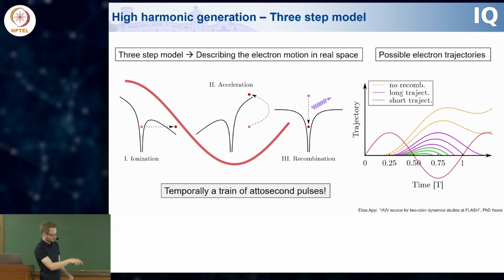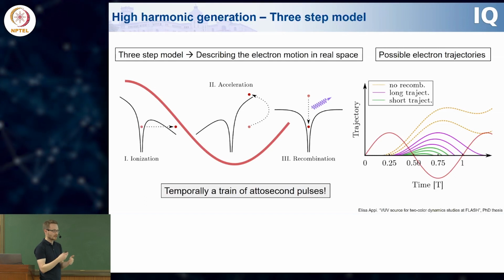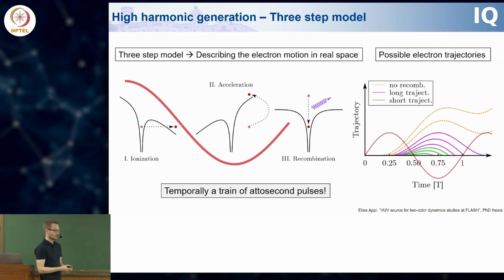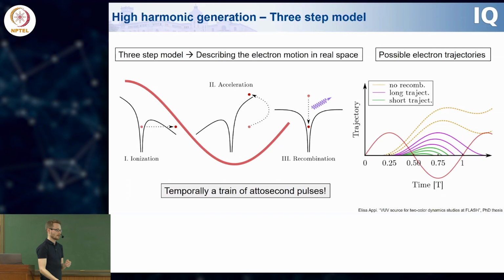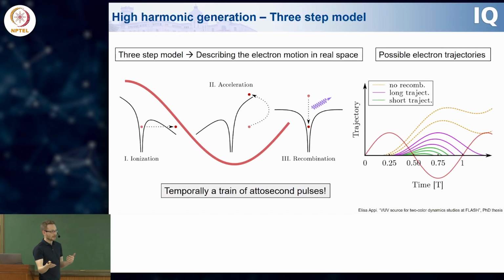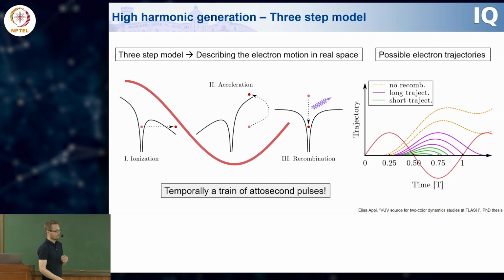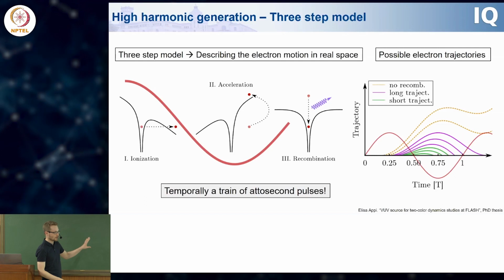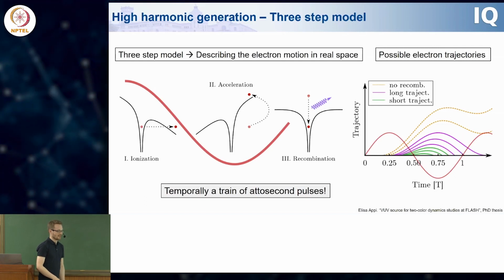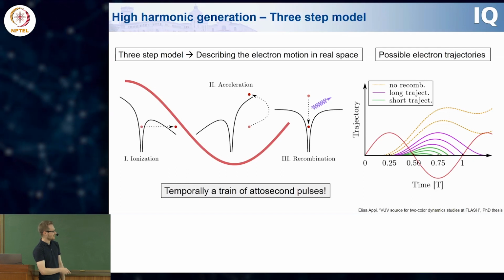That is also the reason why, for example, the RABBITT technique was needed for some characterizations, because you have multiple pulses in a normal train. A lot of people then push towards isolated attosecond pulses. You can do that by limiting the radiation to a single half cycle, but I'm not going to go too much into that as it's not leading really to the topic of this talk.